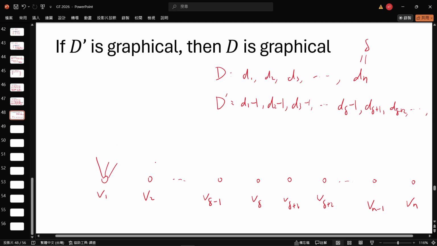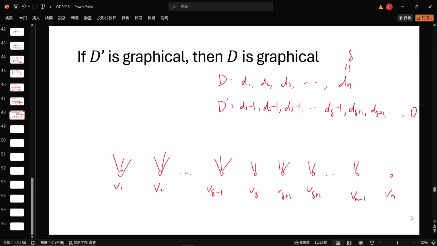V1 has some edges, V2 has some edges, and the degree of V1 is D1 minus 1, and this is D2 minus 1.